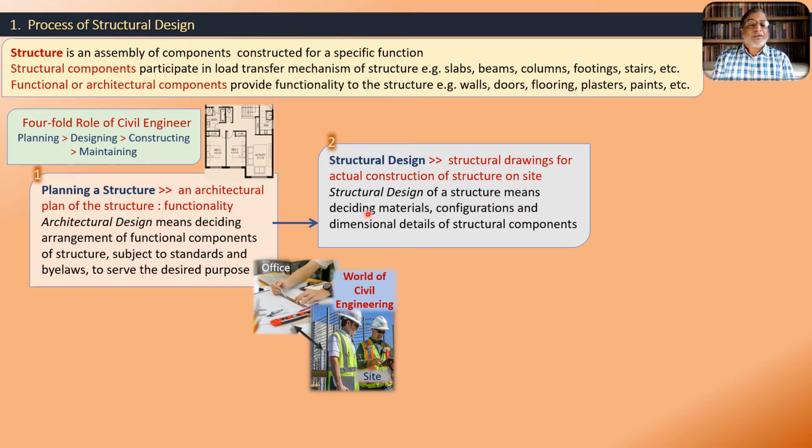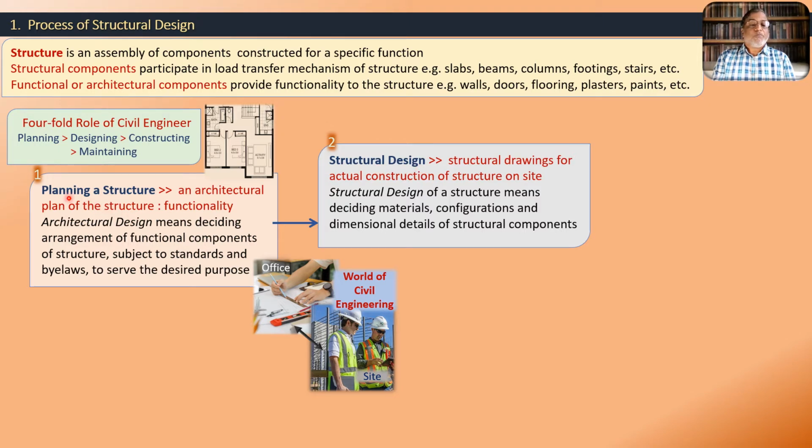This is followed by structural design. We convert this architectural plan or architectural design into a structural plan. The process of structural design begins here. So what is the output of structural design?